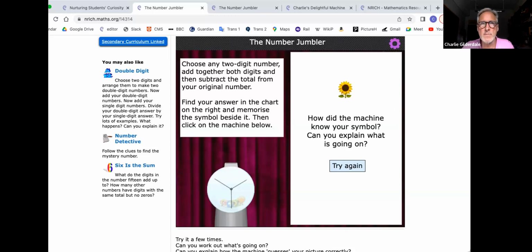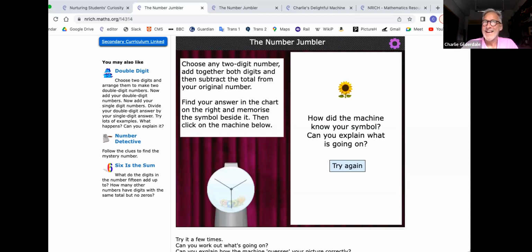I'm not interested in what number you started with, because that was all fairly random. But what number did you finish with after you added your digits and subtracted the total of your digits from your original number? Ha! Vali said there's a pattern.